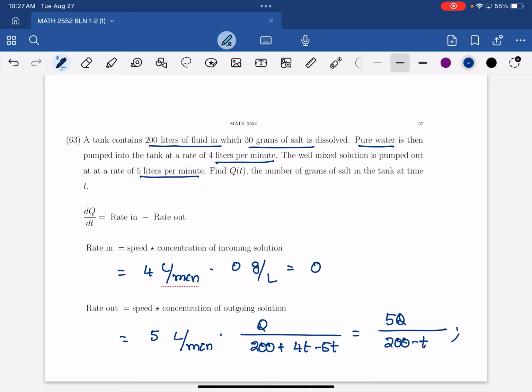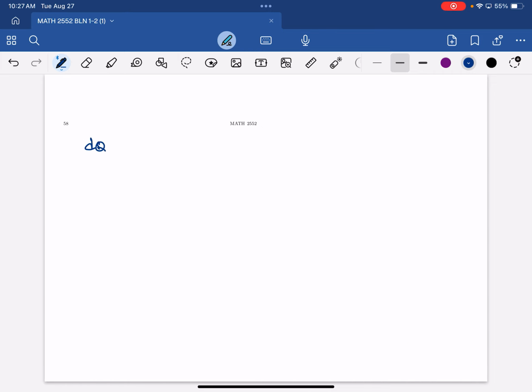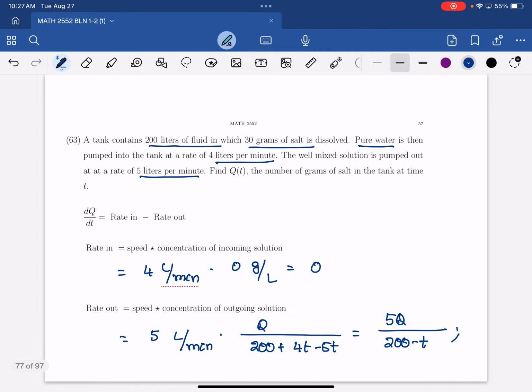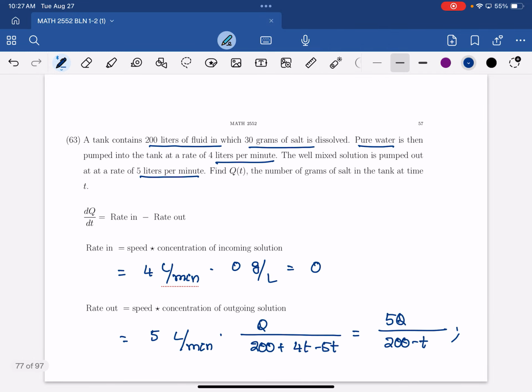So the differential equation for you would be dq/dt equals 0 minus 5Q divided by 200 minus t, where my initial value Q of 0 is 30 grams.